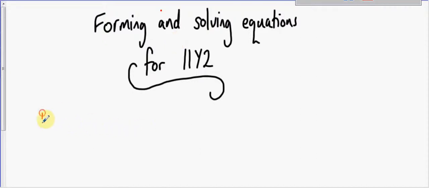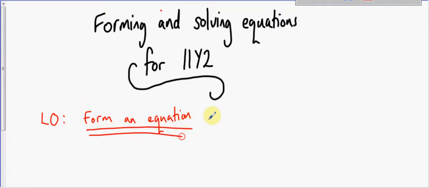So the learning objective is for us to be able to form, and that's the important bit, form an equation. That's a really important bit there. That's the whole point of this. And solve it.